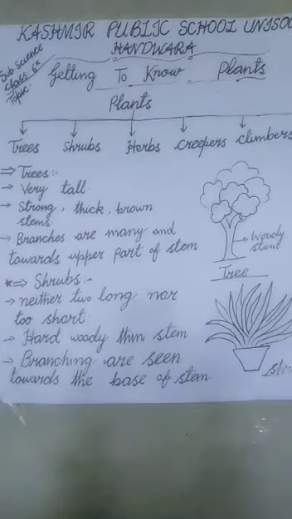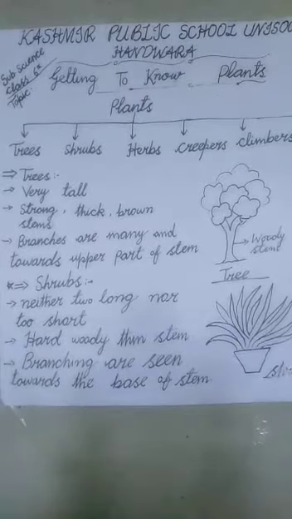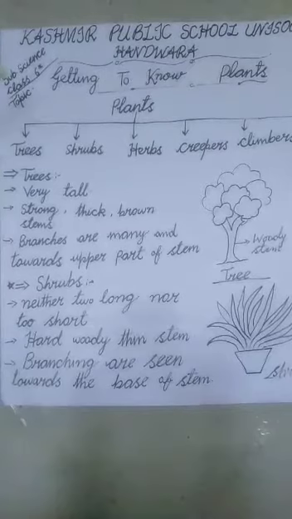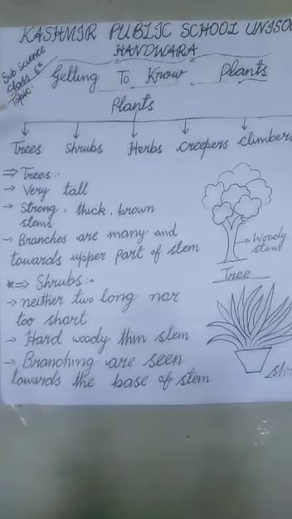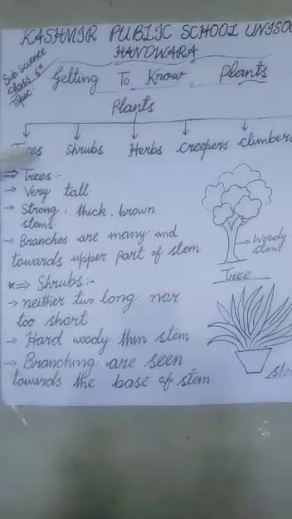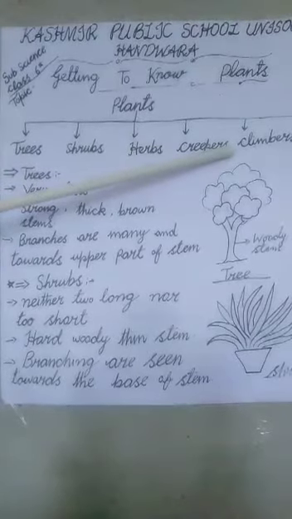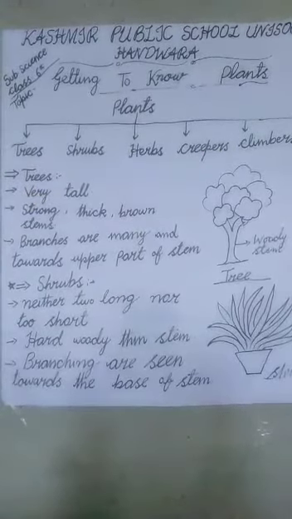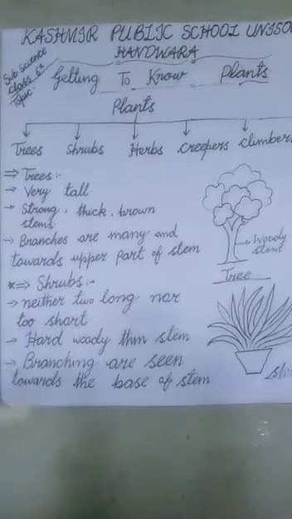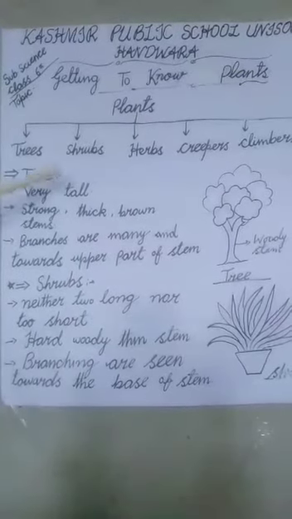For understanding all these plants, we have classified them into different categories like trees, shrubs, herbs, creepers, and climbers. So, let us start our discussion with trees.